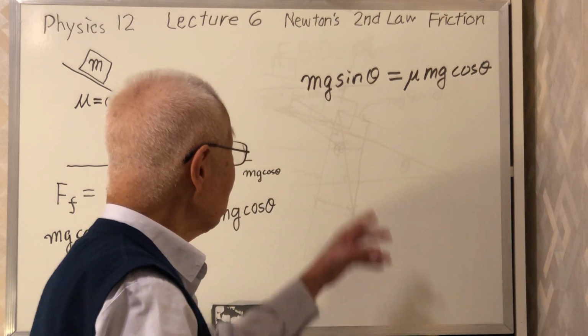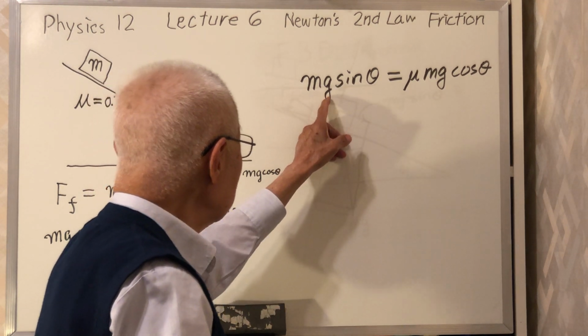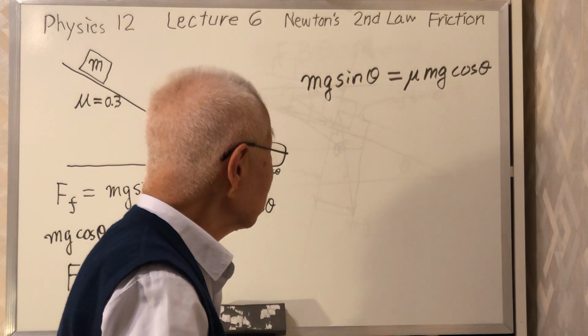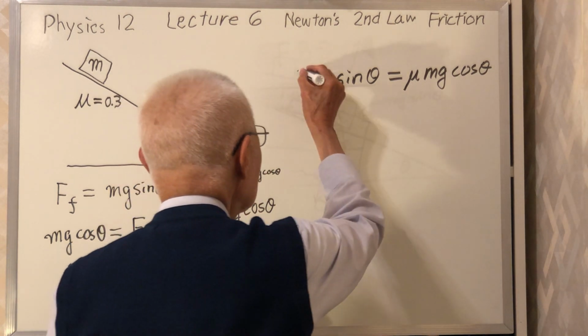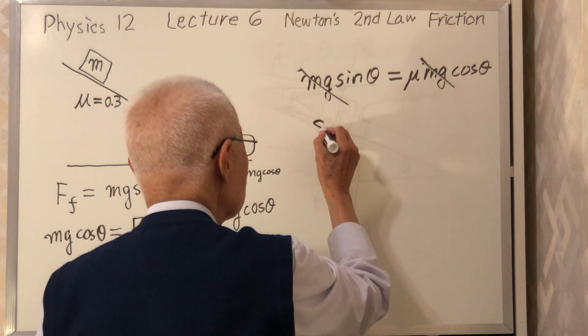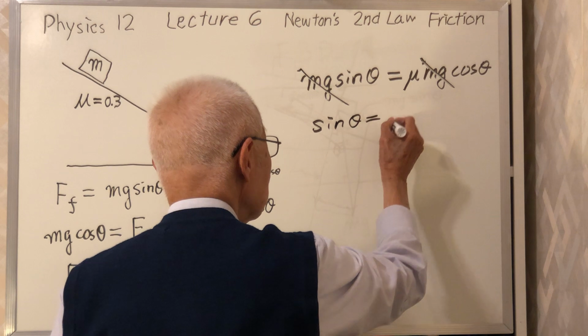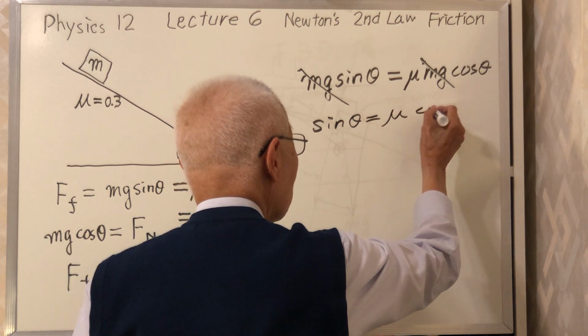So this is our relationship. But then you see mg, and this mg can be cancelled. Therefore, sine theta equals mu cosine theta.